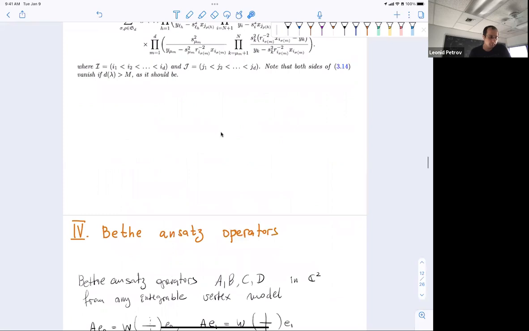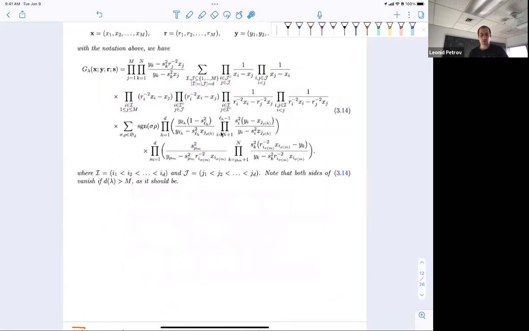Okay, so let me now. I formulated a bunch of properties of the symmetric functions, which are partition functions of the free fermion six-vertex model. These are very analogous to Schur polynomials.